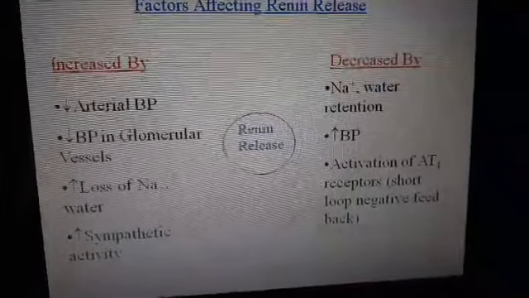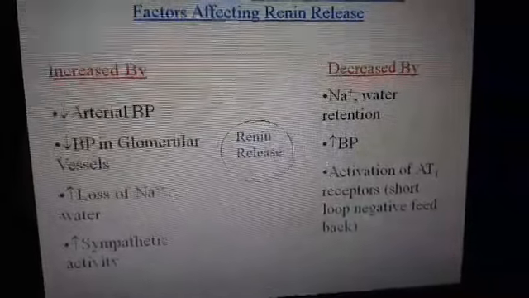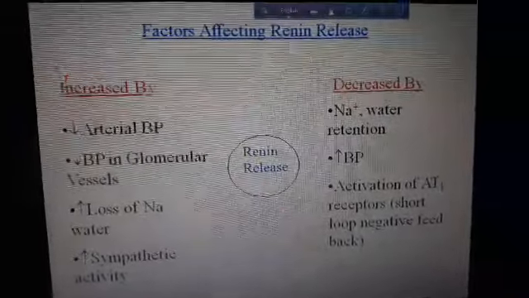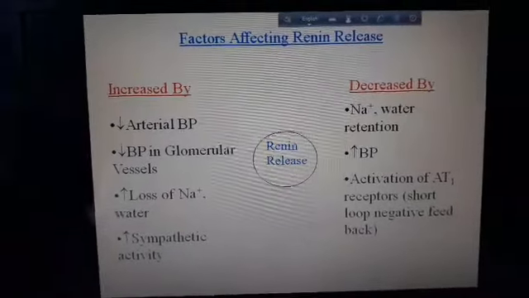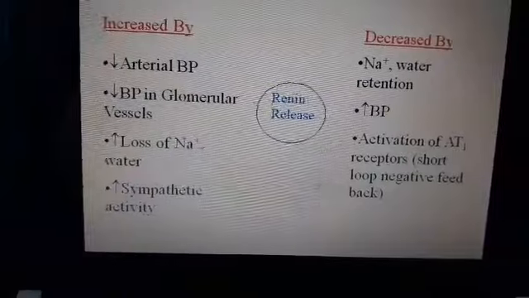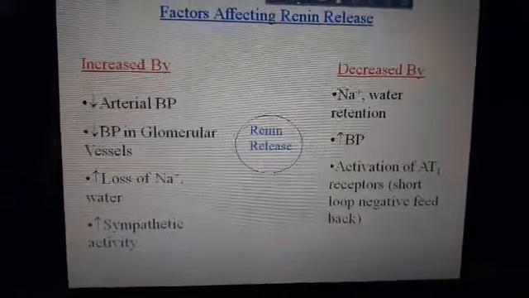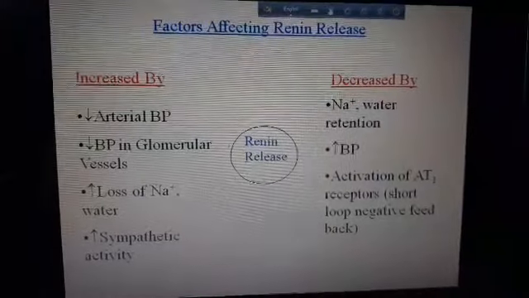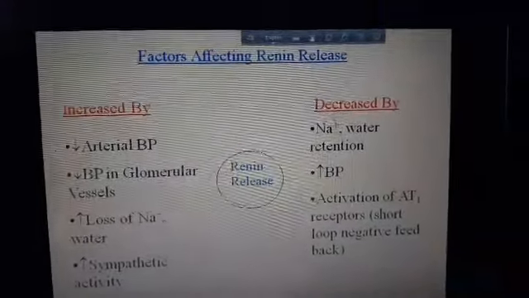Angiotensin 2 acting on the AT1 receptor decreases renin release, thus controlling the balance. Otherwise there would be overactivation of the angiotensin system. That means though renin helps increase the production of angiotensin 2, angiotensin 2, by acting on the AT1 receptor, tends to decrease renin release.